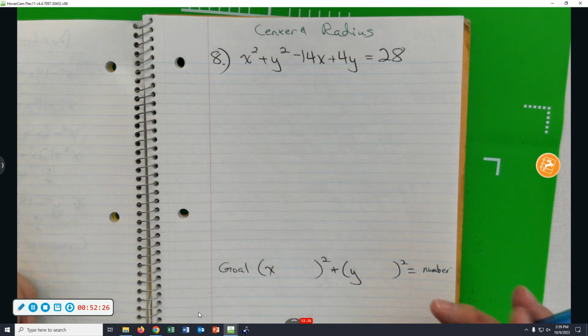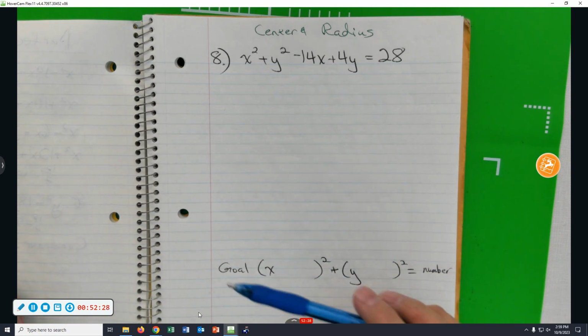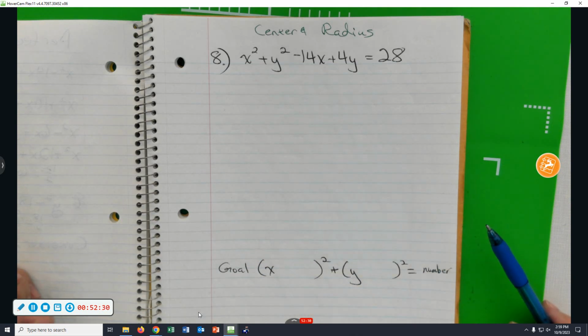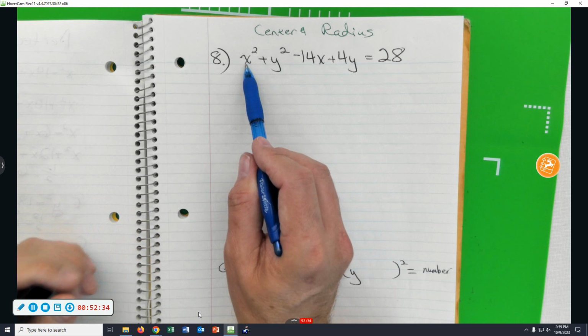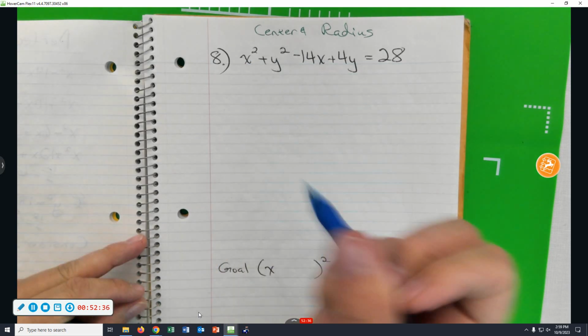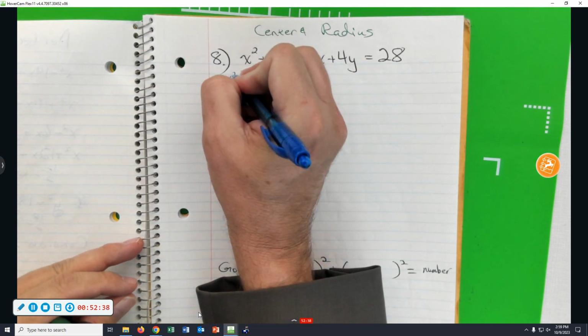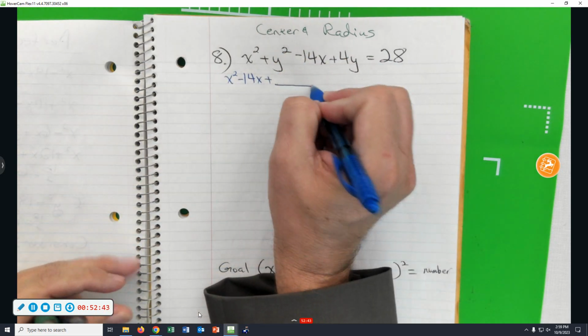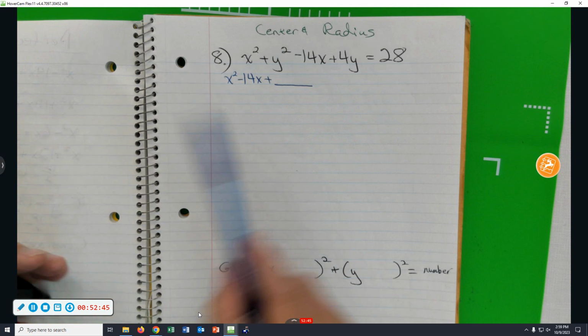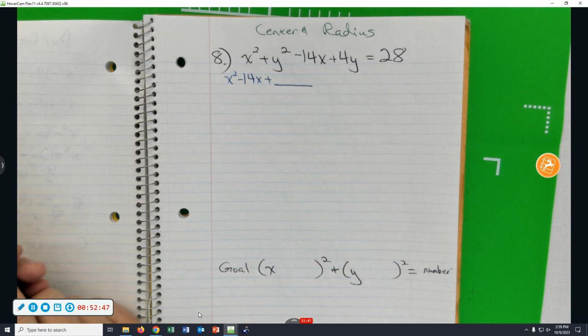You're trying to create perfect square trinomials for x and then perfect square trinomials for y. Group the x terms together. You have an x squared minus 14x plus, skip some space. We're going to add a number in there to create a perfect square. Now the y terms.